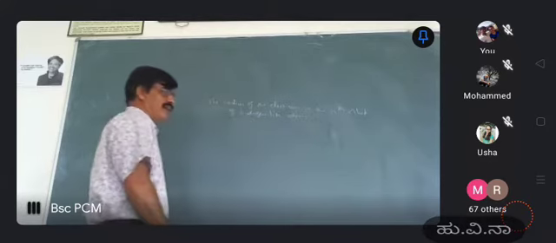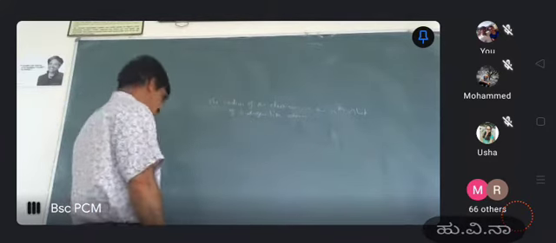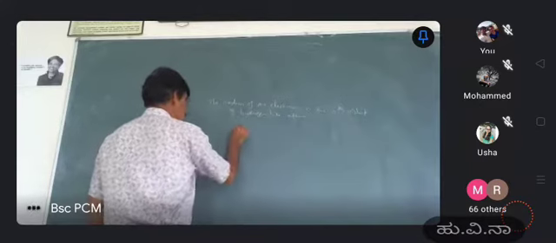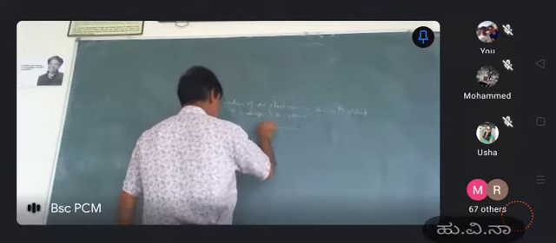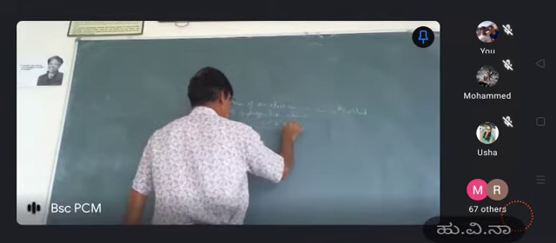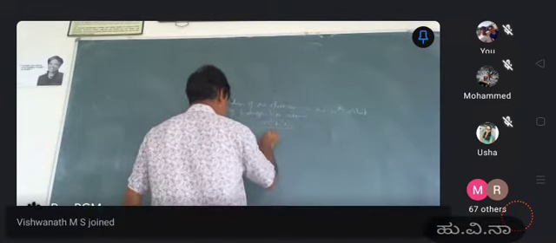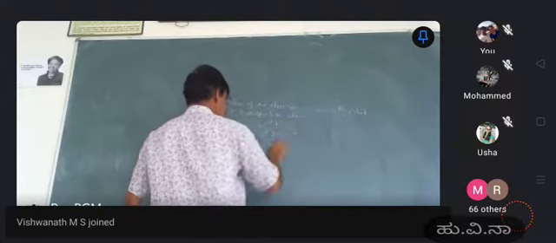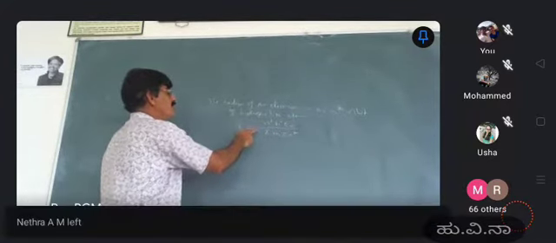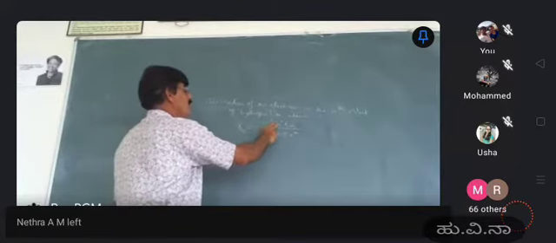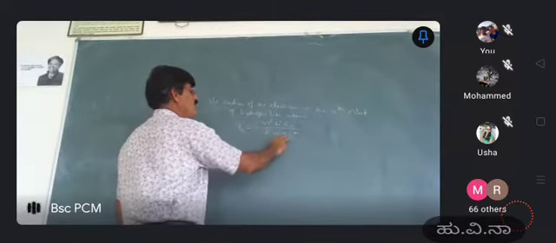This is only for hydrogen-like atoms. It is given by n squared h squared epsilon naught divided by pi m z e squared.